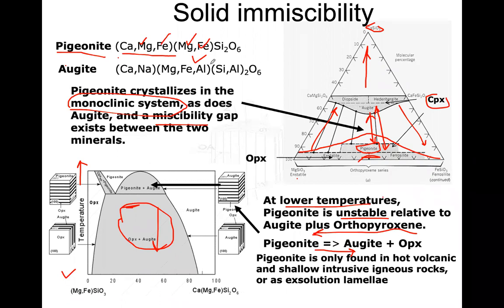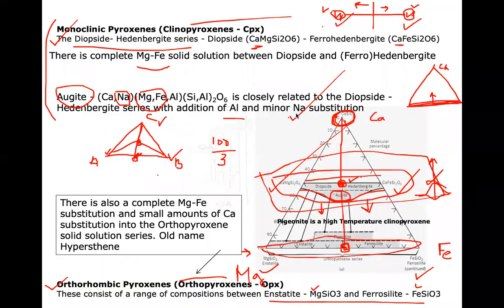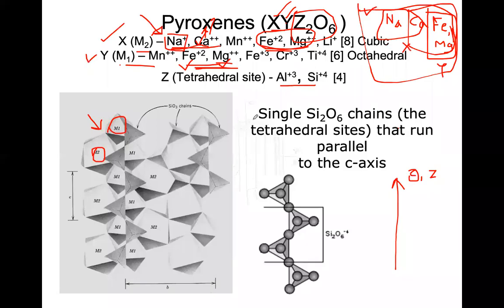Before going to that section, let me go back to the typical composition of pyroxene. I said in this case sodium is not very commonly accommodated into the pyroxene structure, although it is a compatible element. That means it's a fitting ion for the structure.